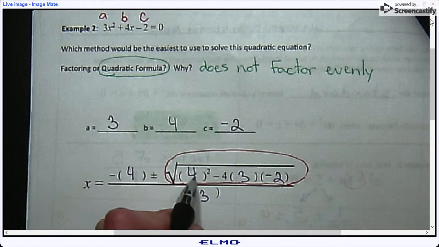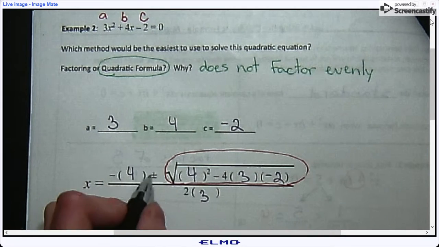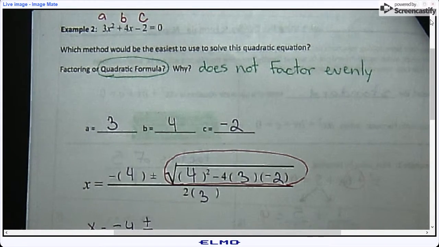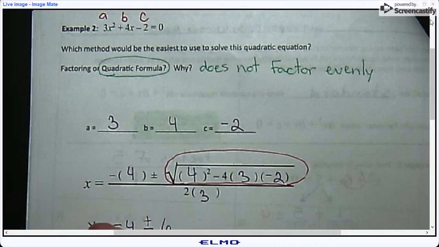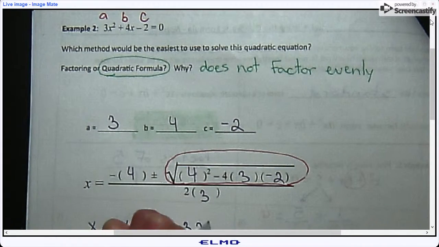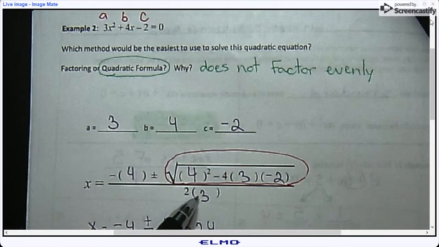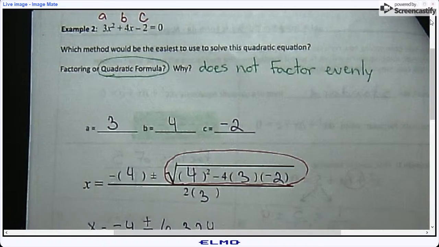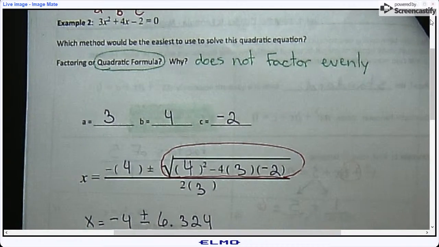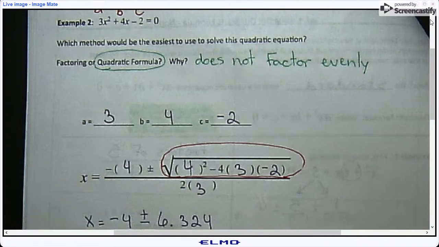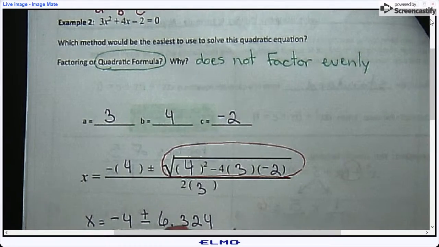So this answer is going to go right after the plus or minus. So x equals negative 4 plus or minus 6.324 over 2 times 3, 6. Now we have to use our two separate equations, right? Because it could be a plus 6.324 or a minus 6.324.